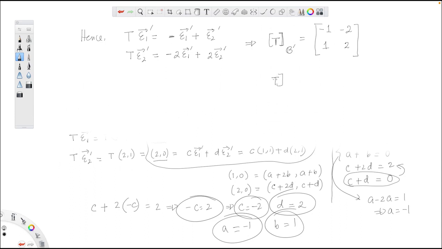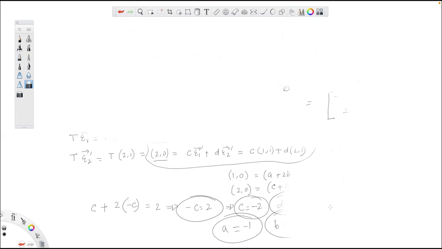We used this formula to find it earlier, and it was exactly the same matrix that we find here. So that was a verification of the result of Theorem 4 using the definition of a linear operator on the vector space R2, R2 being a vector space over R.